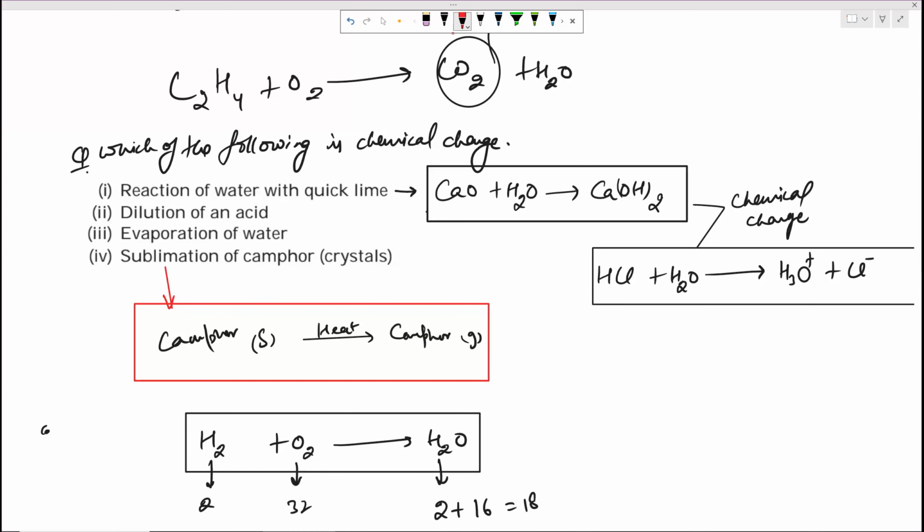So there is a state change taking place here. Okay, sir. So these two are considered physical change.